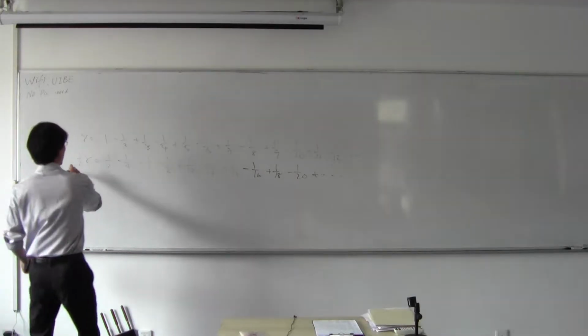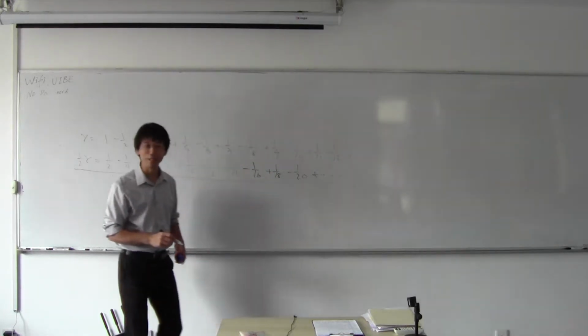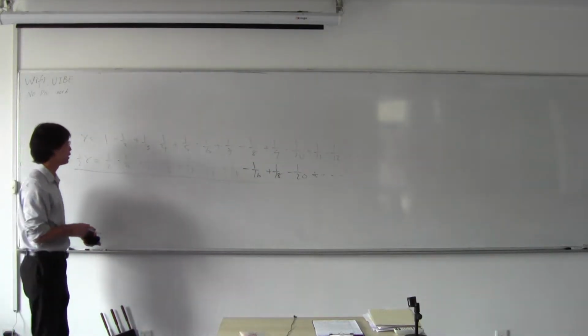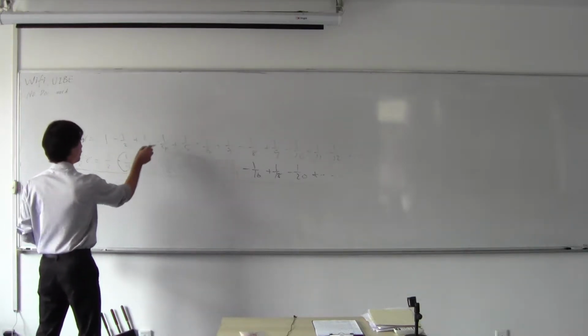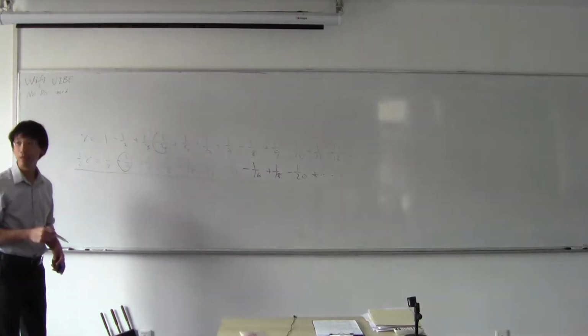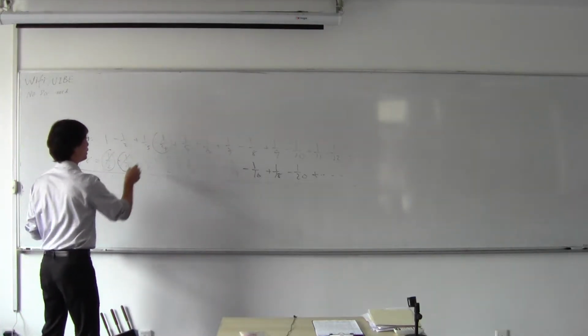Now I'm going to add this together. I've got this minus a fourth, and I've got this minus a fourth. Those two become a half, and I can use that to get rid of this half. So these things cancel off.